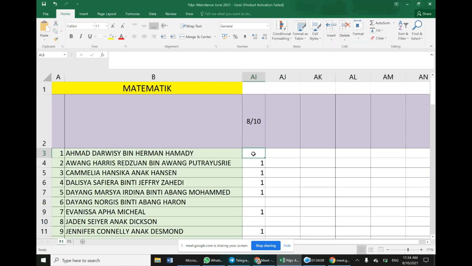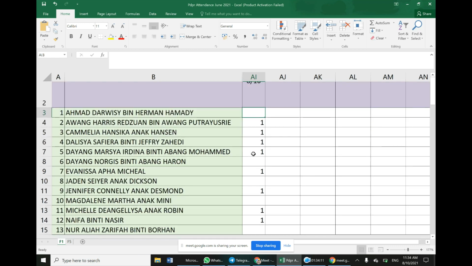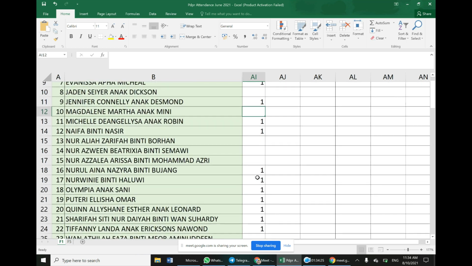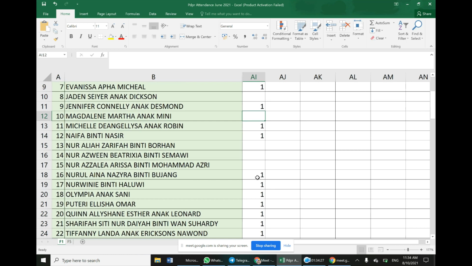Ahmad, are you here? Dayang Nogis? Jaden is not here. Just now he gave me the reason already. Magdalene? Magdalene, are you here? I know she is here, but she is not responding. Okay. Alia, are you here?